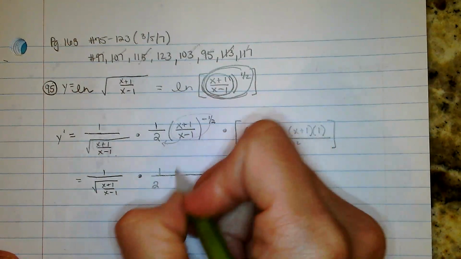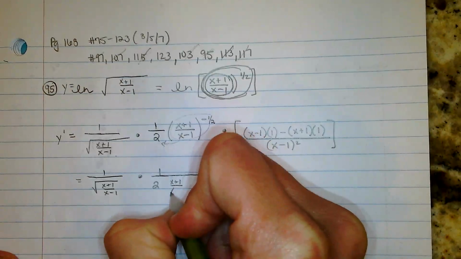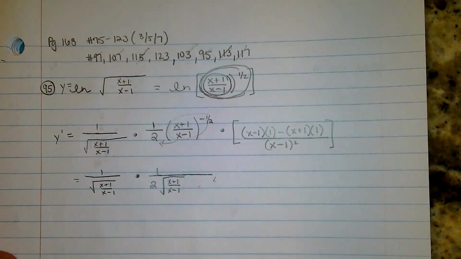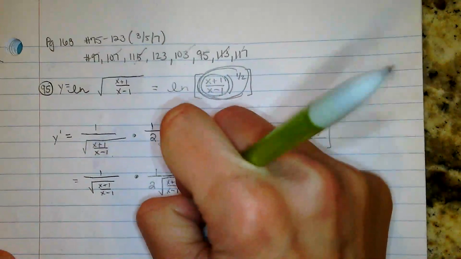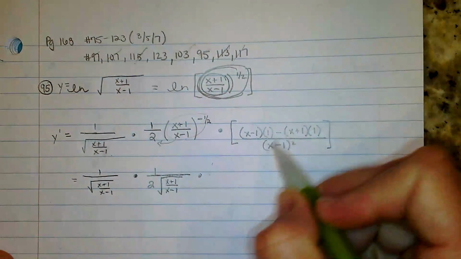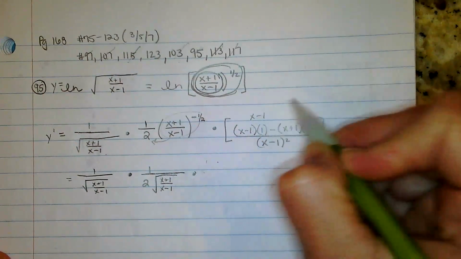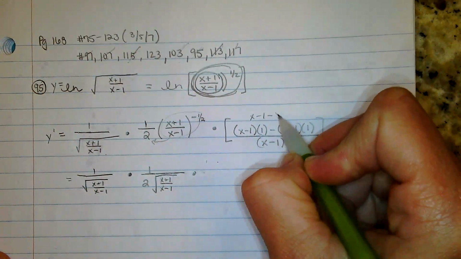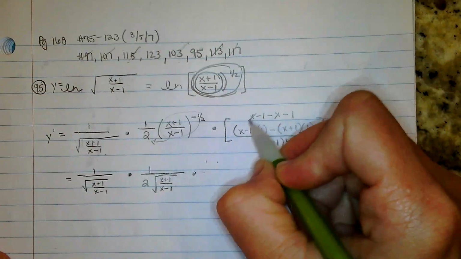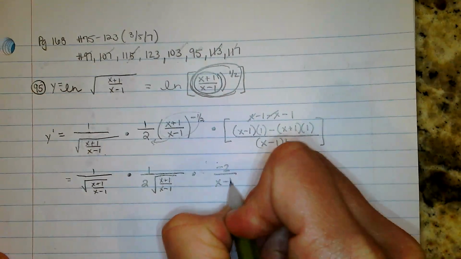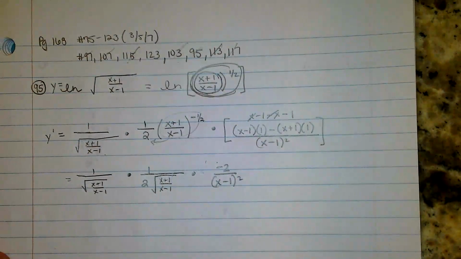So it'll be x plus 1 over x minus 1 to the 1/2 power, which is the same as that. So I've kind of got something that I like there. Times my numerator over here is just, let's see, x minus 1 minus x minus 1. So the x's cancel and it ends up just being negative 2 over x minus 1 squared.